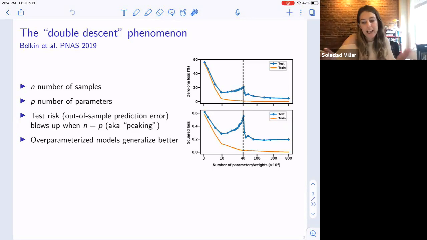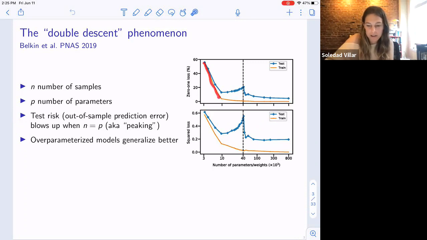Basically what they say is that if you have a regression problem, like the one I just introduced, and you increase the capacity of your model, then you're going to be able to fit your training data better when you increase the number of parameters of your model. But there's going to be a point where your error on your test set is going to start increasing.